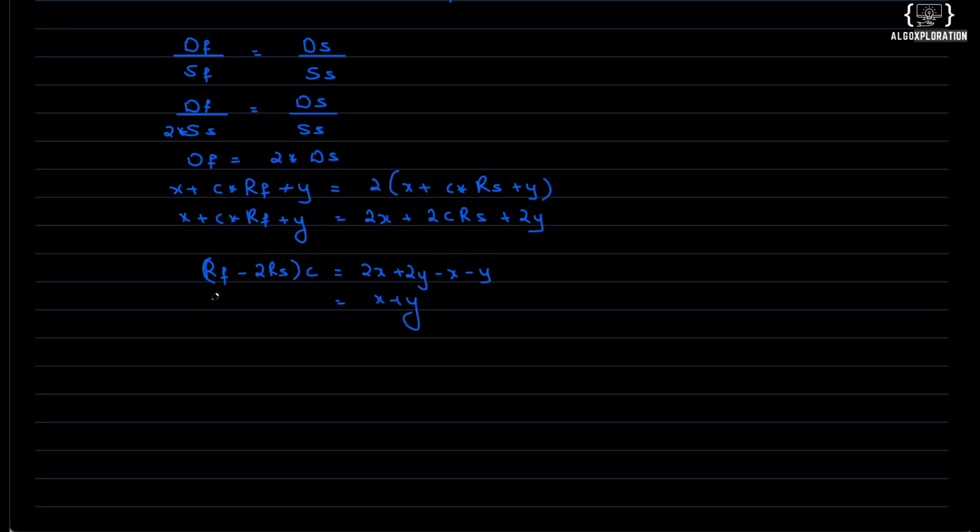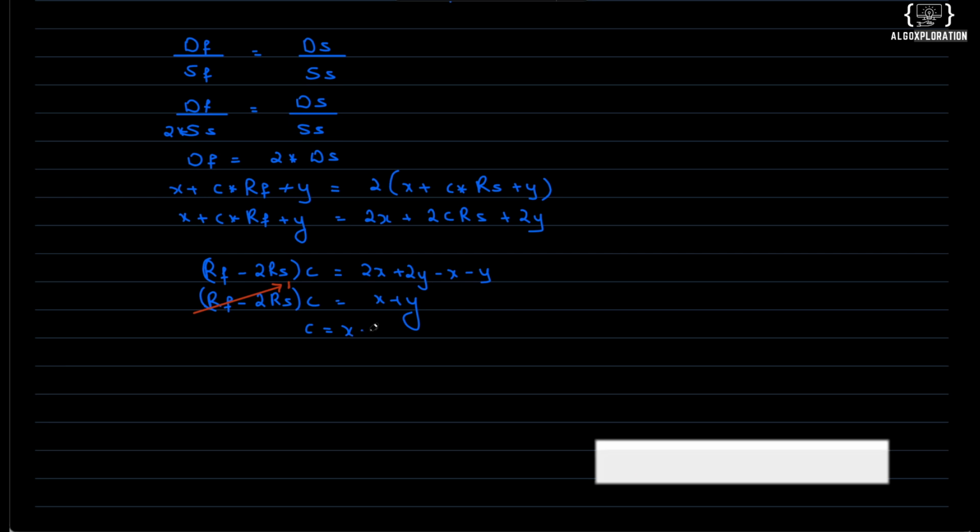And rf minus 2rs into c. Now the thing is that according to the books, the value of this will be 1. How this is 1, you can google it. So the value of this is 1, and due to this it becomes c equals x plus y.